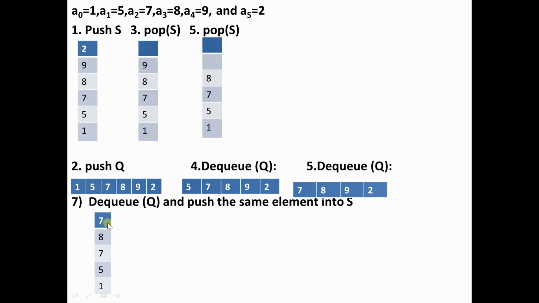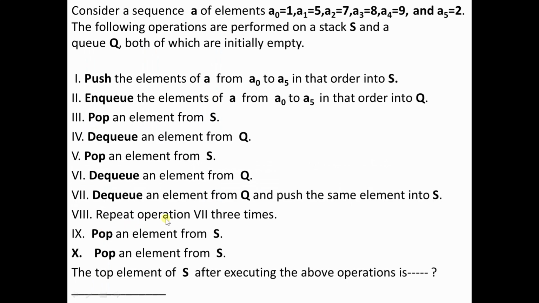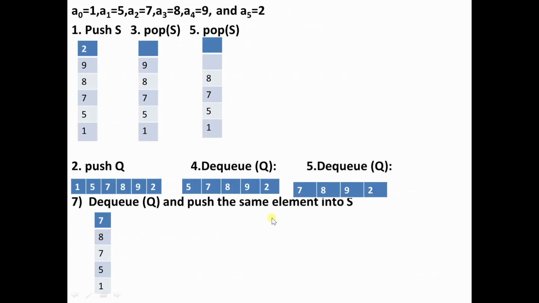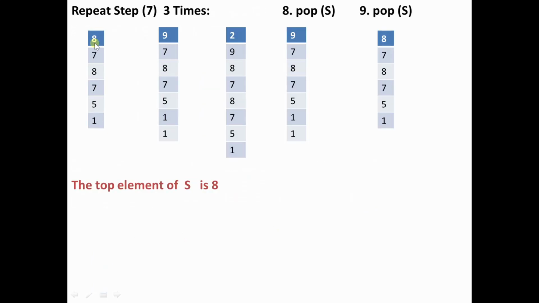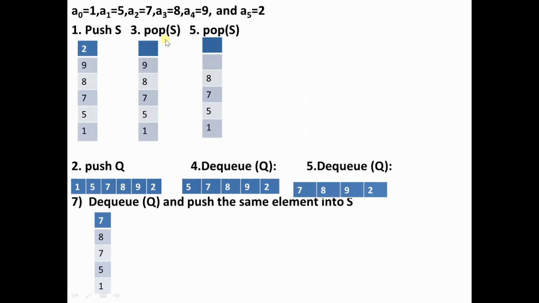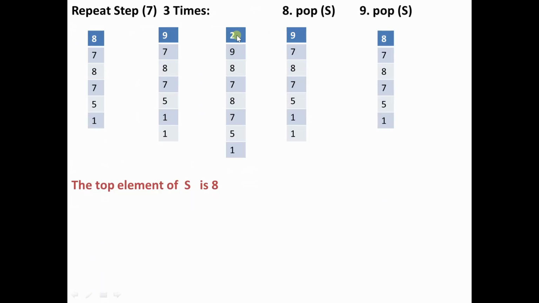This is the stack S now. Repeat the operation 3 times. So we remove the next element, 8, and keep it in this stack. Then 9 and keep it in the stack, then 2 and keep it in the stack. So first we insert 8, then we remove 9 and keep it in the stack, and it comes to the top. Then again we remove 2 and keep it on the top.